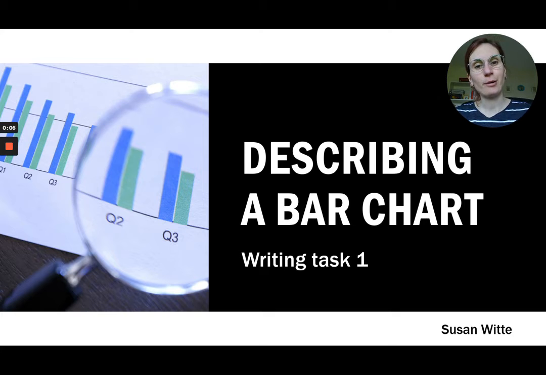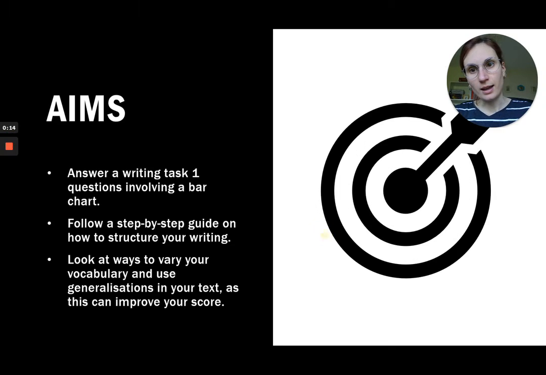We are going to work on a writing task 1 involving describing a bar chart. Our aims are to answer a writing task 1 question involving a bar chart. And to do that, we're going to follow a step-by-step guide on how to structure your writing.